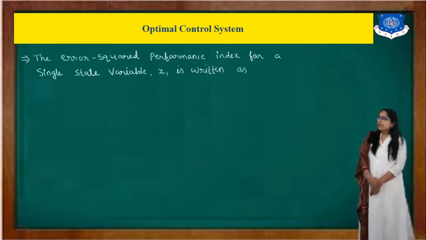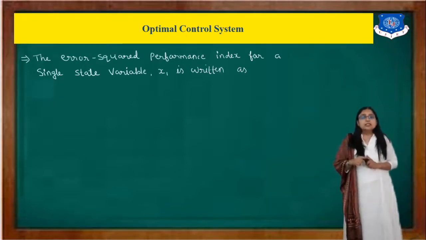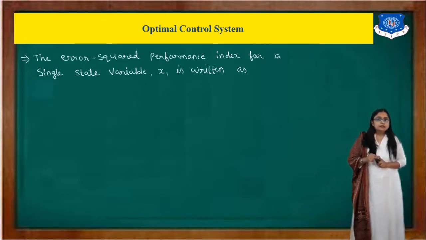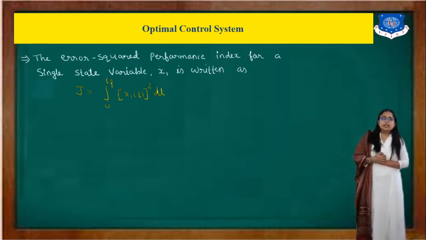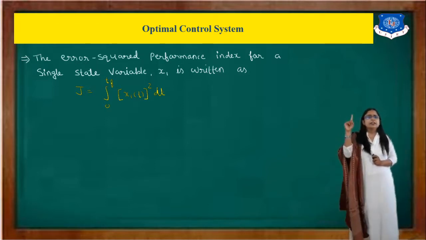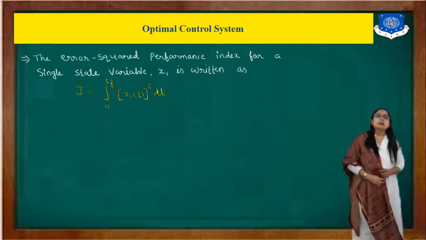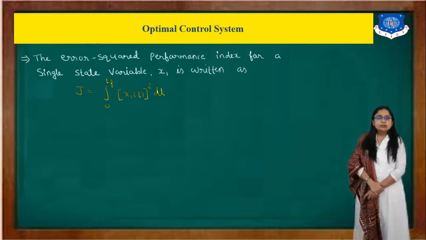Now, see the next thing. We know that the performance index can be measured as ISE, that is the integral of squared error, right? So how can we write it down? That is J equal to the integral from 0 to Tf. If I consider only a single variable, I am writing x1(t) squared.